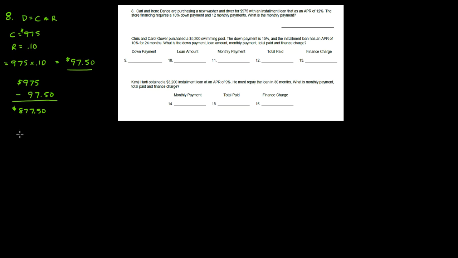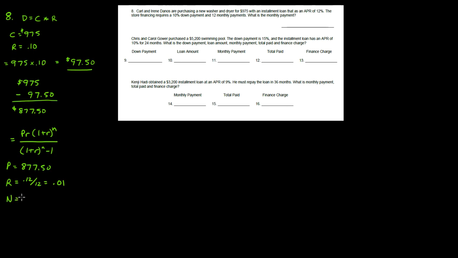So now I need to turn to my monthly payment formula, which we'll remember is P times R, 1 plus R to the n power, all over 1 plus R to the n power minus 1. The P is what we just found, 877.50. The R is the monthly rate, so it will be 12%, 0.12, divided by 12 months in a year, so it's 0.01.